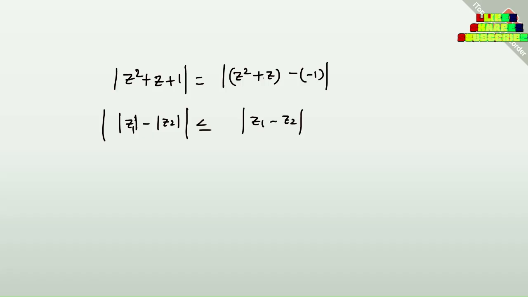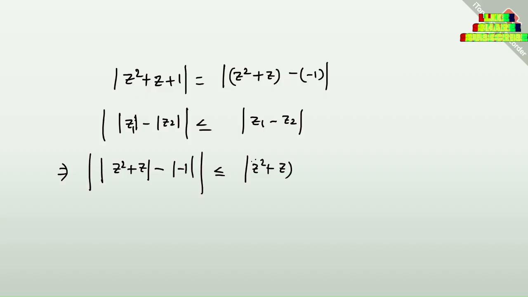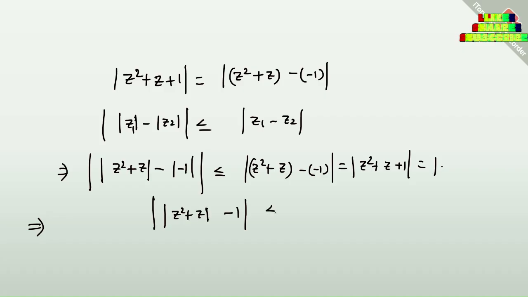Therefore taking Z1 as Z square plus Z and Z2 is equal to negative of 1, we can rewrite this as mod of Z square plus Z minus mod of negative of 1, and this is less than or equal to mod of Z square plus Z minus 1, that is mod of Z square plus Z plus 1, and this is equal to 1. Now we can rewrite this as mod of Z square plus Z minus 1 under the mod less than or equal to 1.